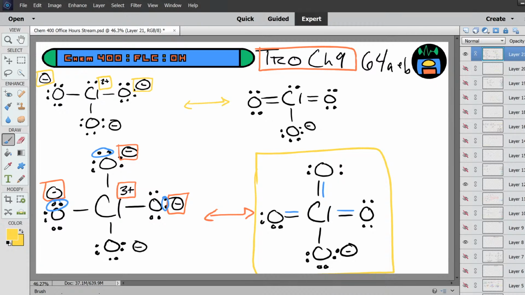Lauren, that is spot on. If you have a chance that it can be minimized, but you can't break the octet rule, then you're good as it is. So a great example of this would be nitrate.